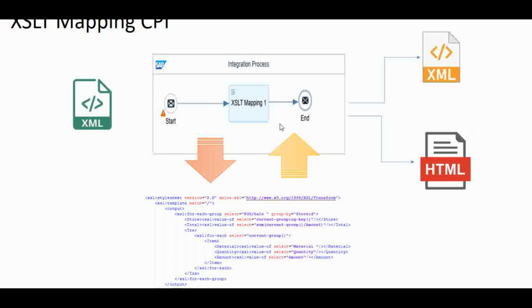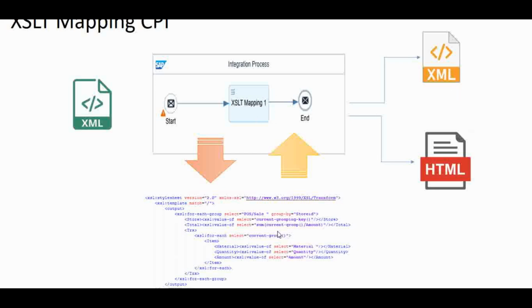In the CPI, it provides us one palette called XSLT mapping that provides us an environment where we can use some XSLT language, an XML language in fact, that will read the data from the XML and transform it to a target XML.